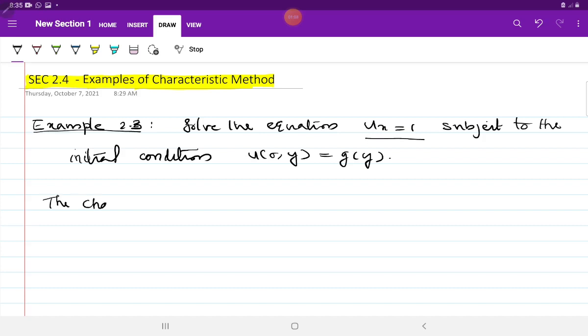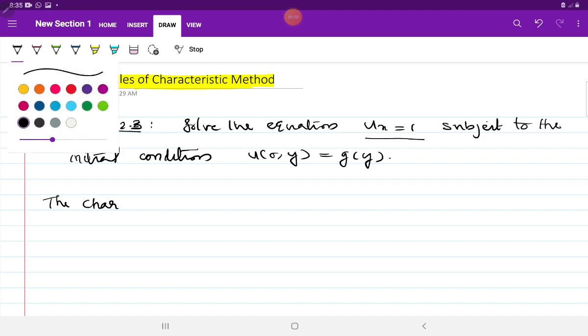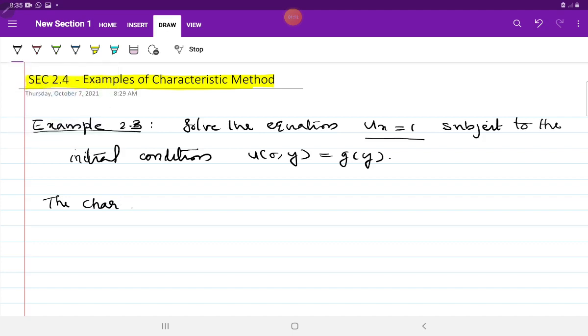The characteristic equations of the PDE are given by u_x equal to 1, so a equal to 1.